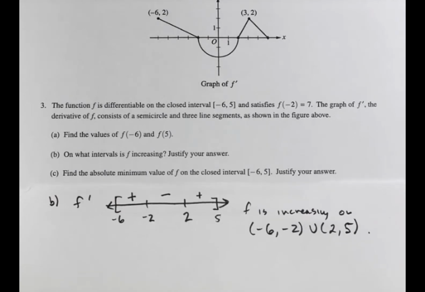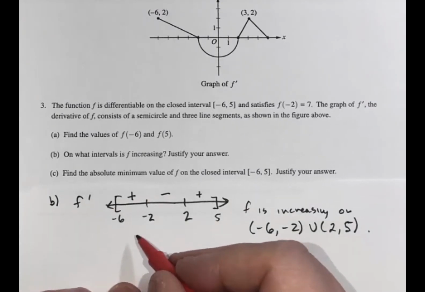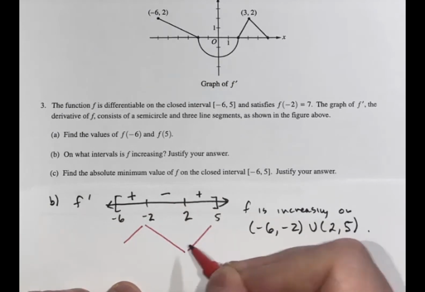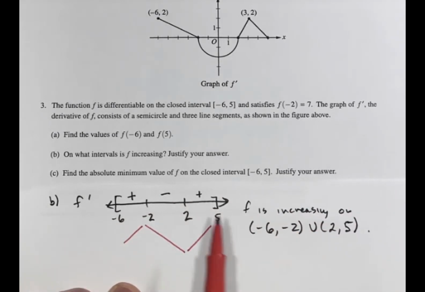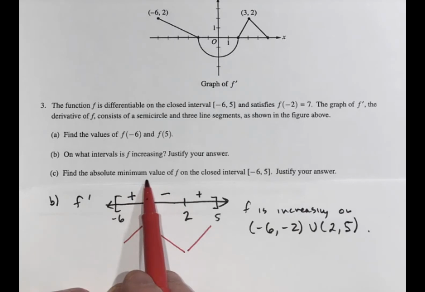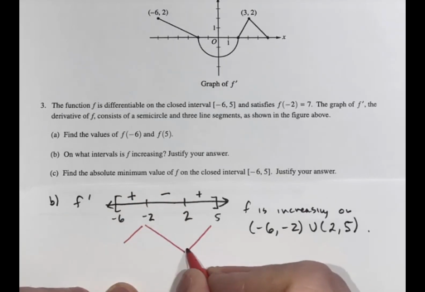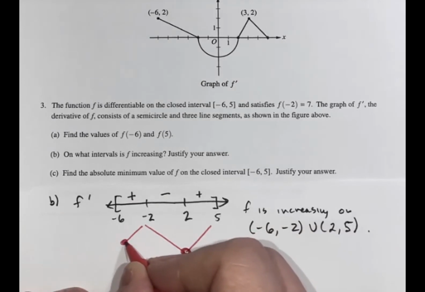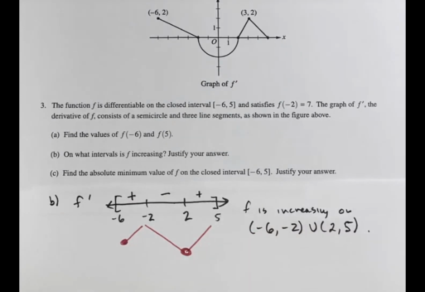Okay, part C. Part C asks us to find the absolute minimum value of f on the entire closed interval from -6 to 5. So I'm going to use the part that I already did in B to acknowledge that the graph is going upward, then downward, and then upward. As far as where the absolute minimum could even occur, it's either going to occur at this critical value right here, or possibly at this left endpoint right there.